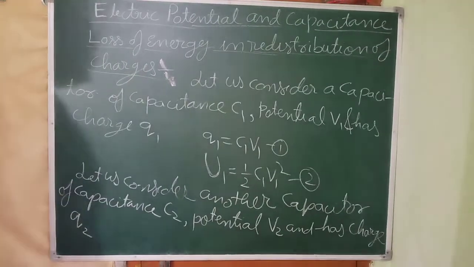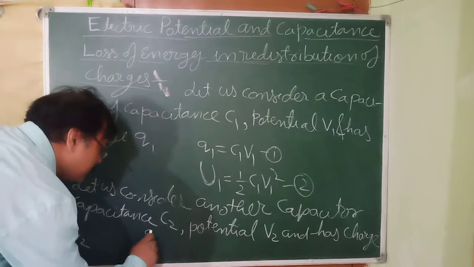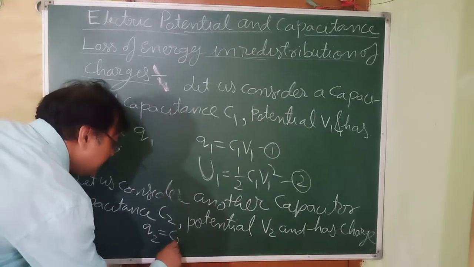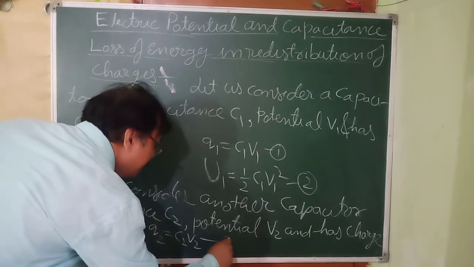Then what can we write for this? In the same way, can we write Q2 is equal to C2 V2? This is our equation number 3.